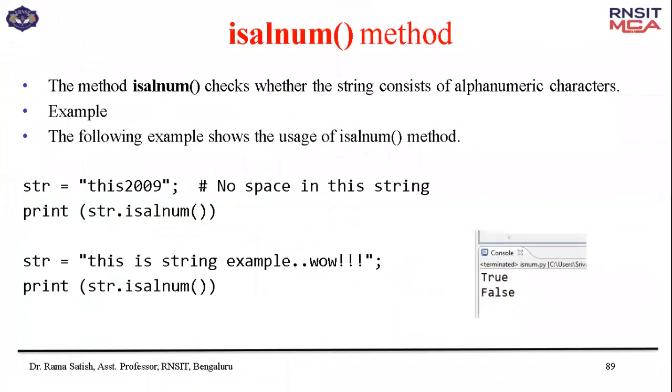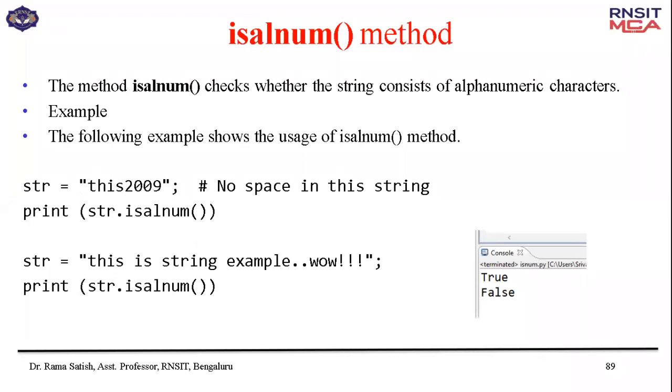And isalnum. This is also a method which will check whether the string consists of alphanumeric characters. If it is present, it will return true, or else it will return false. Look here, this is 2009. I'm giving it with no space.